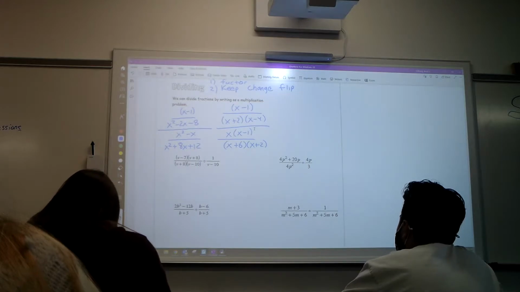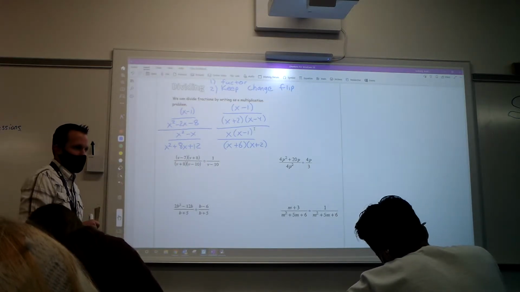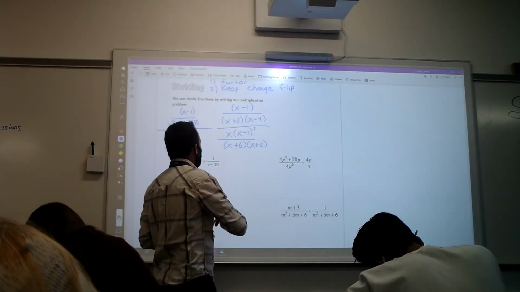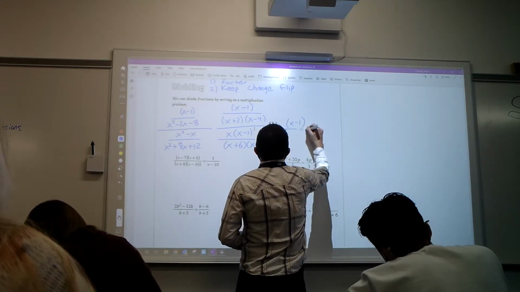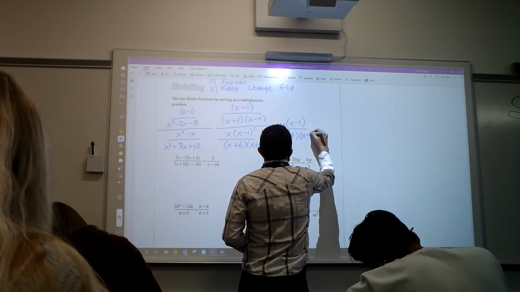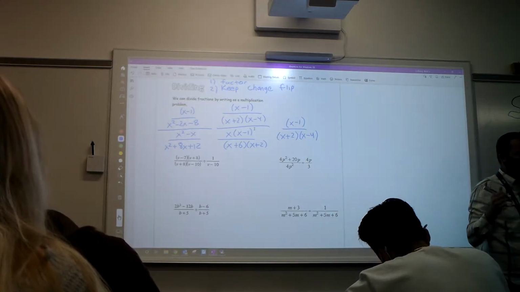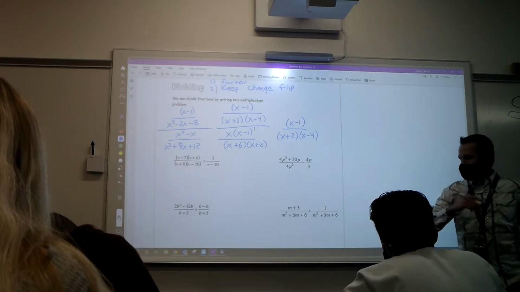Now when I say keep, change, flip, what are we keeping the same? The first fraction, okay? We're keeping that the same. So I'm going to write it right here. I'm keeping that as x minus 1 over x plus 2 and x minus 4. So that's keep. What is change? We're changing it from what to what? From division to multiplication.